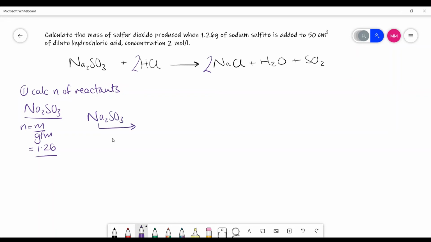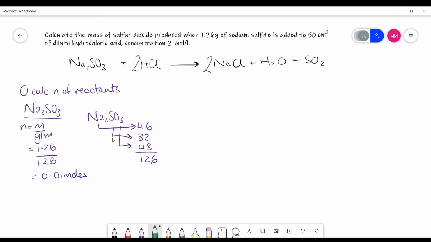Sodium is 23, so 2 times 23 will give us 46. Sulfur is 32, we just have one of them. And oxygen is 16, and we've got 3 of them, so it's 48. If you add that all up, you get 126. So 1.26 divided by 126 will give us 0.01 moles of sodium sulfite.